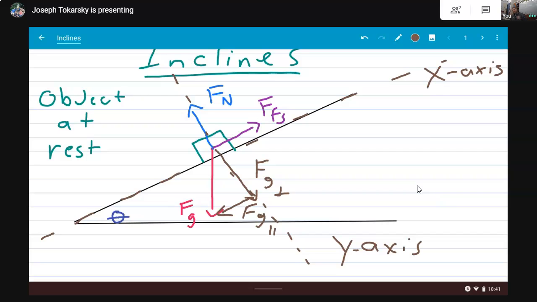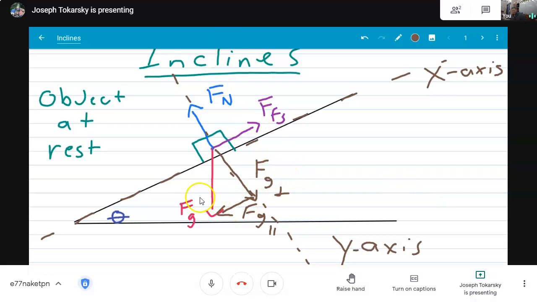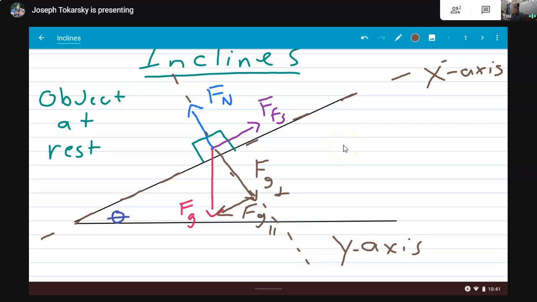Okay? So, these components, what are they and what do they do? They're pieces of overall gravity. Gravity overall is still down, but the incline being at an angle in the way causes gravity to do two things at once. This component, the perpendicular component of gravity, wants to push you into the incline.